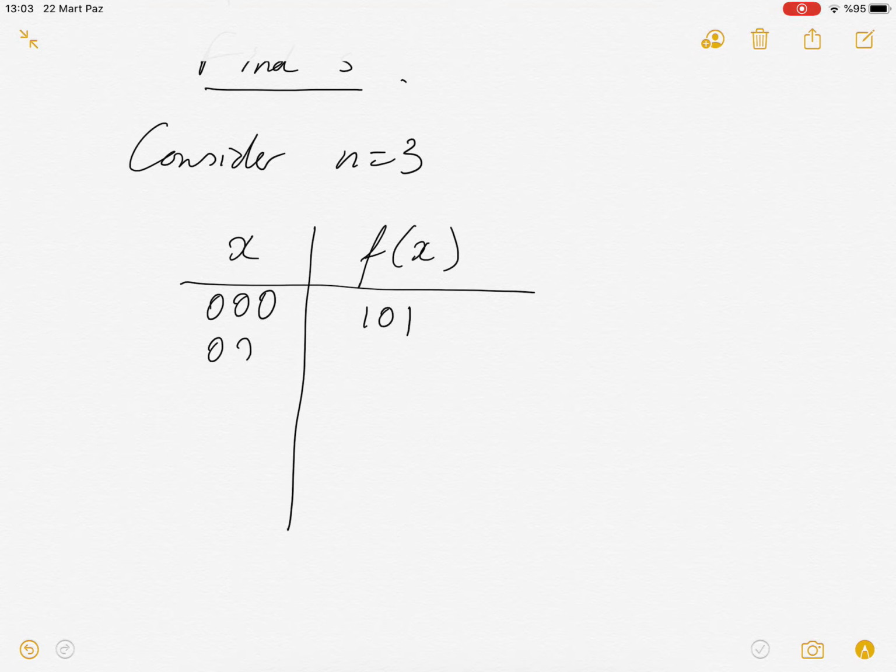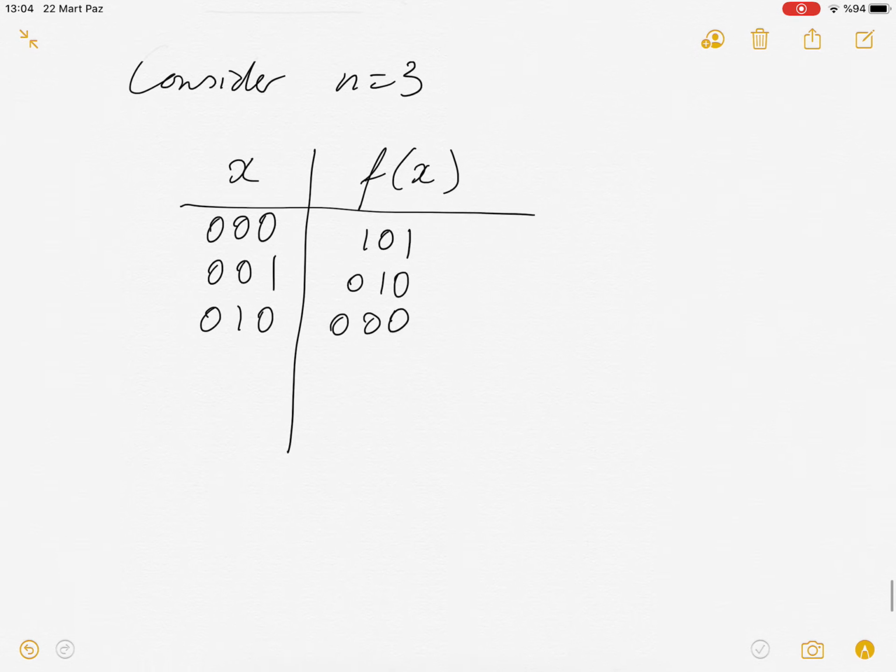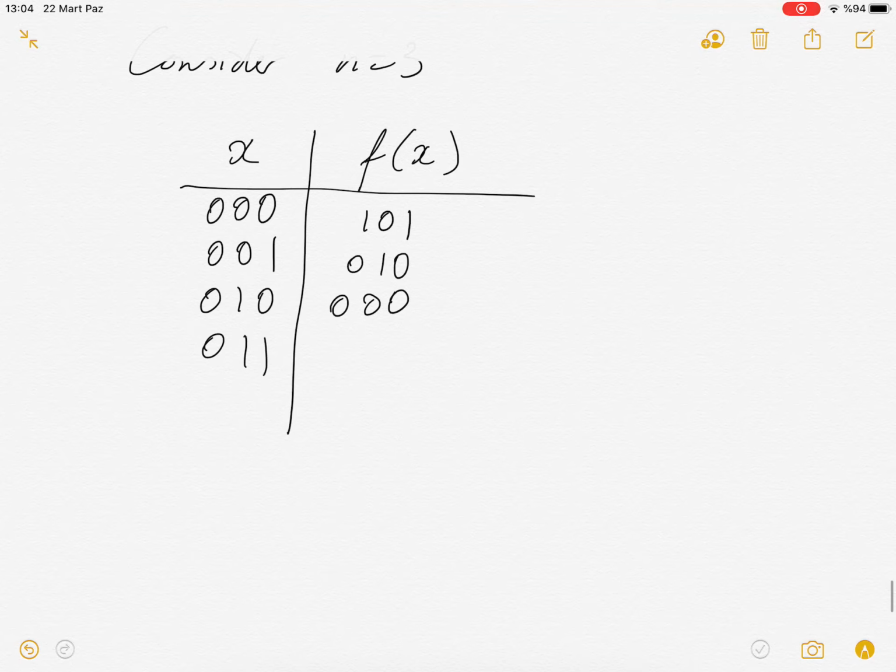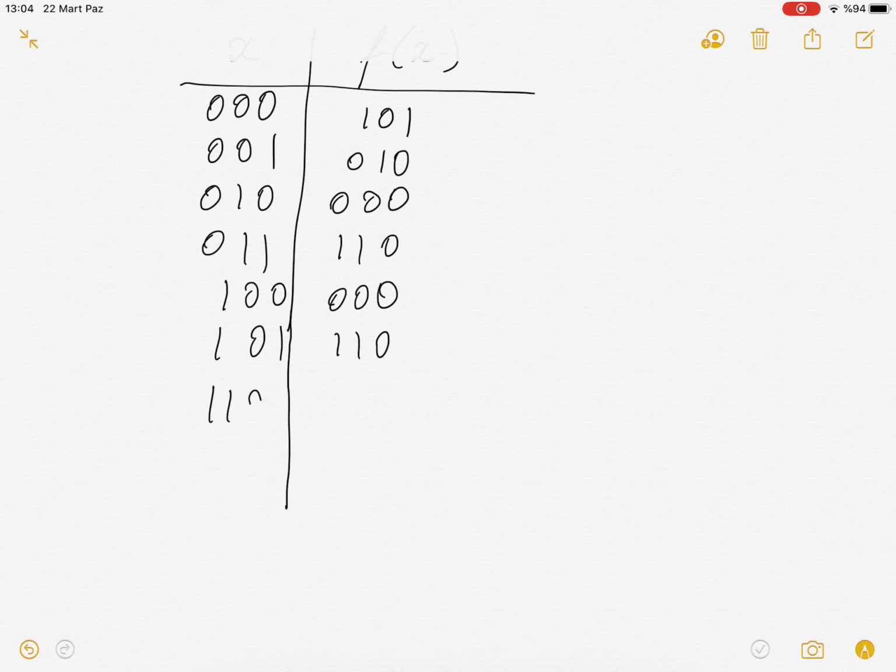On input 001, it outputs 010. On input 010, it outputs 000. 011 maps to 110. 100 maps to 000. 101 maps to 110. 110 maps to 101. And 111, suppose it maps to 010.